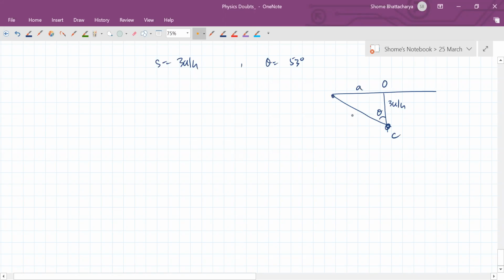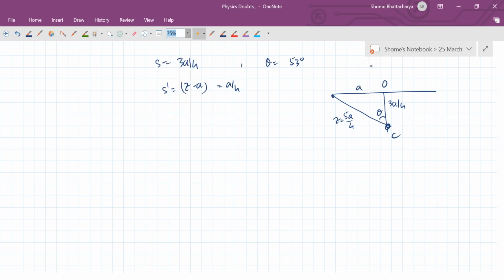So this is how much? This is 5a by 4, this Z. Okay. So S prime will become Z minus A. So that will be A by 4.